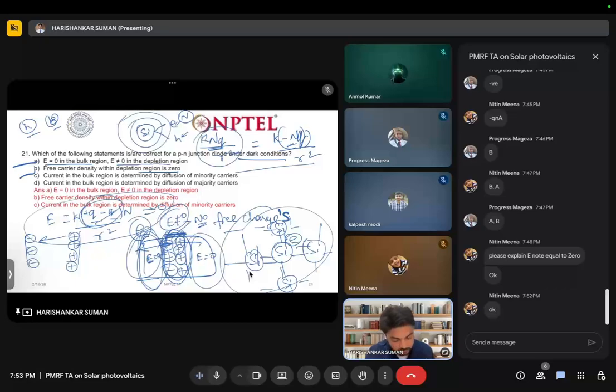C option, what will this be? Current in the bulk region is determined by the diffusion of the majority charge carriers. Yes, please remember this point.